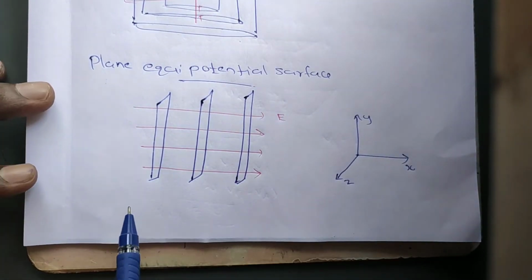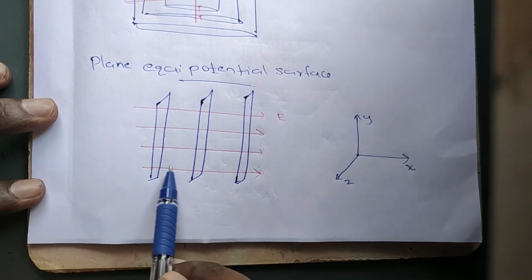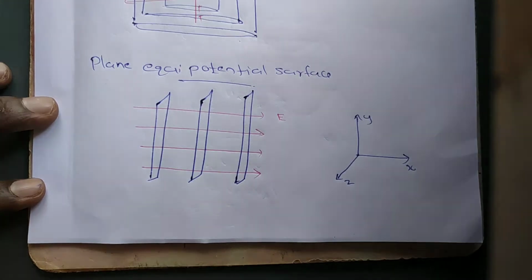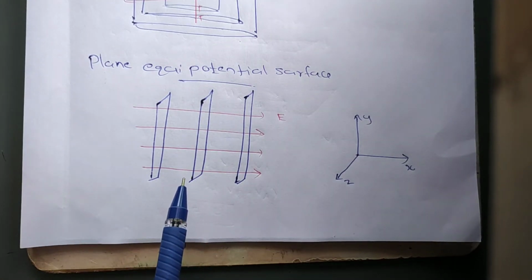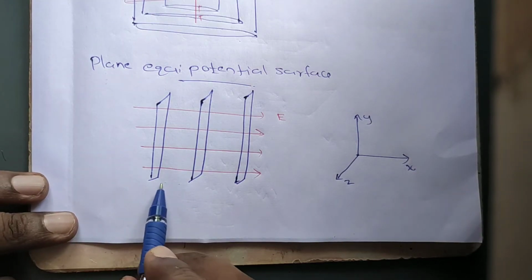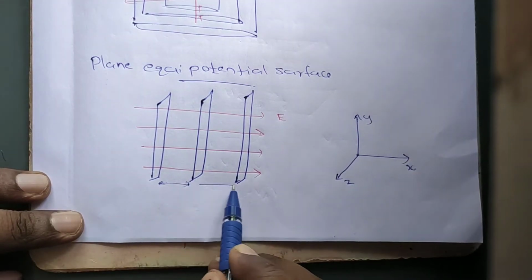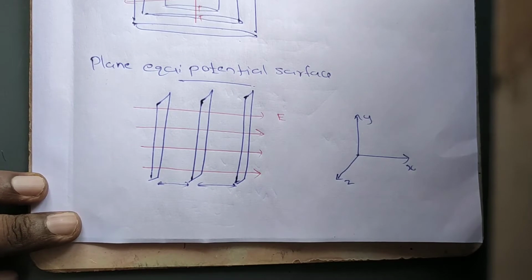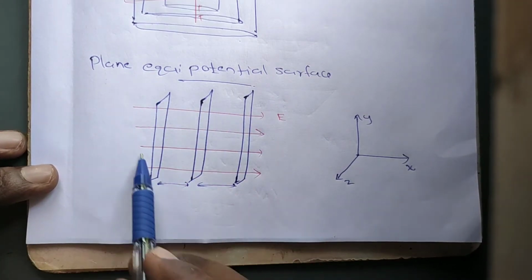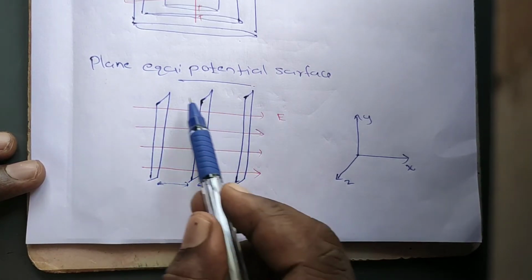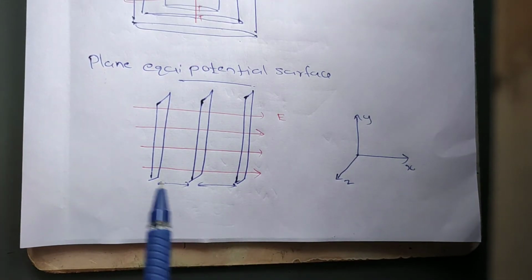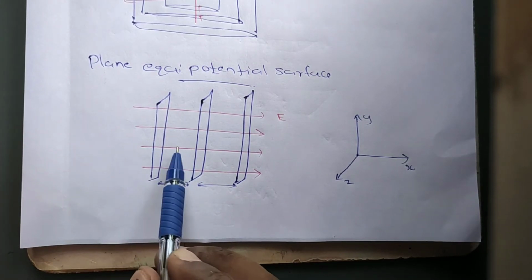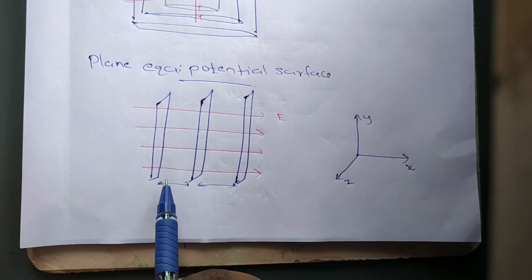Here you can see that this is a plane equipotential surface. What is the distance between the equipotential surfaces? This distance is equal. Why? Because it is a uniform electric field region, so the distance between the equipotential surfaces is equal, and it is a plane equipotential surface. Clear?